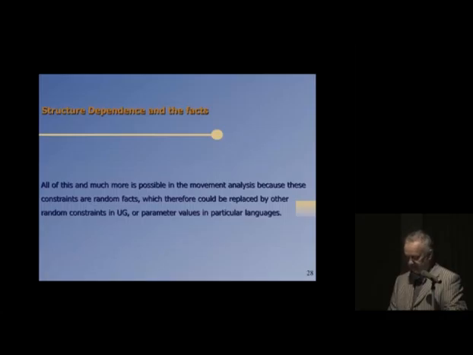It's very easy to find cases like that and to find a solution for them. All of this and much more is possible, actually, in the movement analysis, because these constraints, that is structure dependence and the 4 constraints I gave, are random facts, which therefore could be replaced by other random constraints in UG or parameter values in particular languages. There's no principled reason to choose among them. That's precisely why we list them in UG.